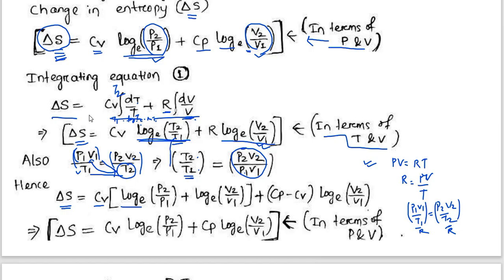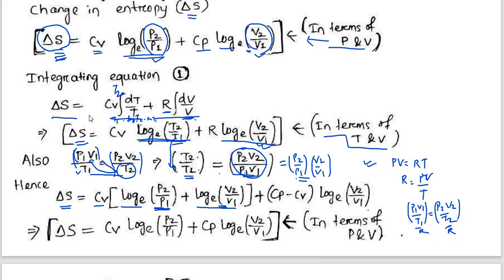Here we have to put T2 by T1 as P2 V2 by P1 V1. That means you can write this as P2 by P1 into V2 by V1. This is the log AB formula. Log AB means log A plus log B. So log P2 by P1 plus log V2 by V1.